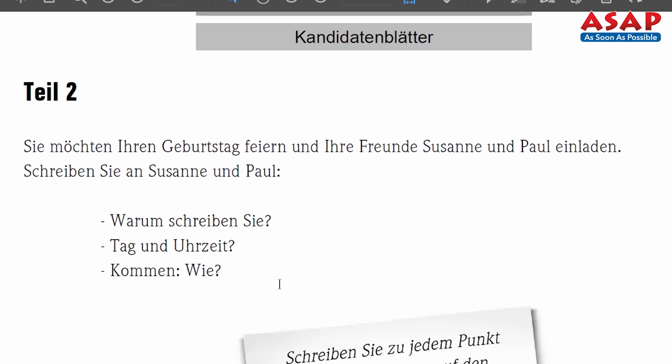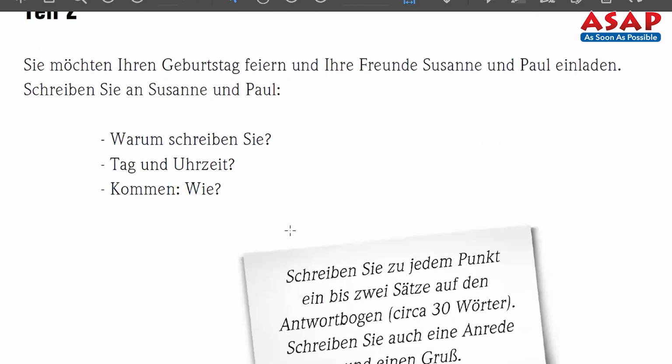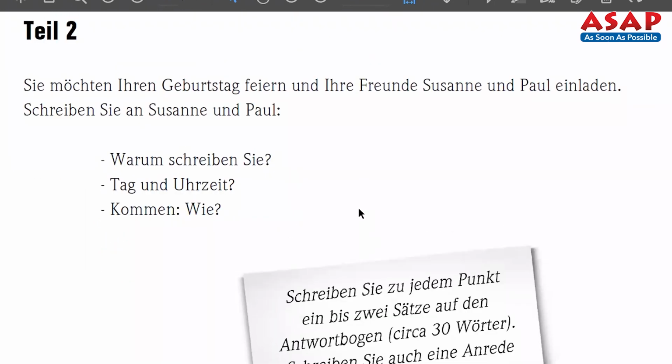So I am assuming here that I have to tell them how to come. But in one sample answer here it is mentioned how they are coming. So by what transport medium? So now 3 points you understood. You understood the theme and you understood that it is in ihr form. So what I will do now, I have already prepared one answer.